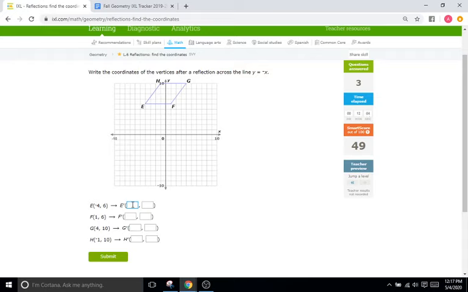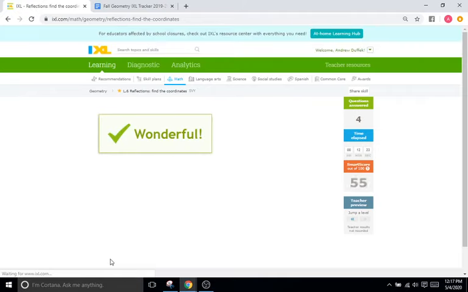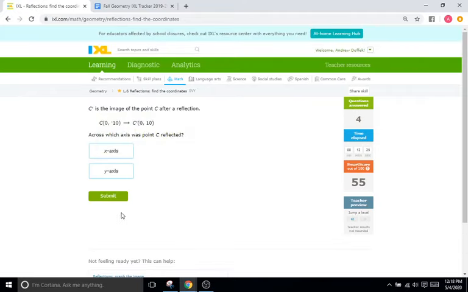So this becomes negative 6. This becomes positive 4. This becomes negative 6. This becomes negative 1. This becomes negative 10. This becomes negative 4. And this becomes negative 10. And this becomes positive 1. And there we go.